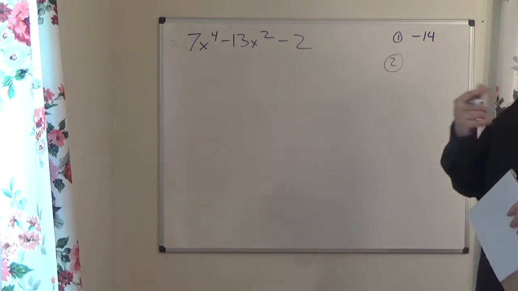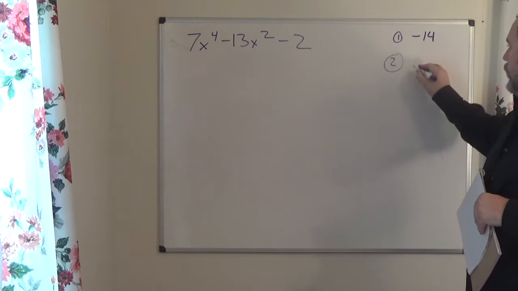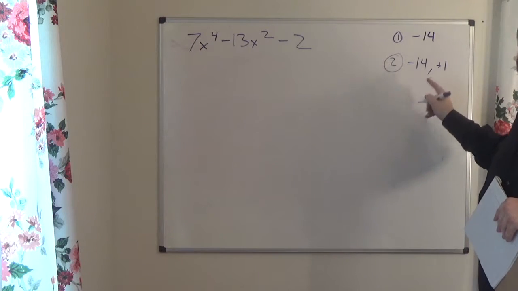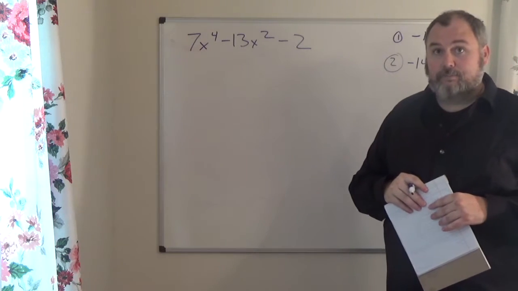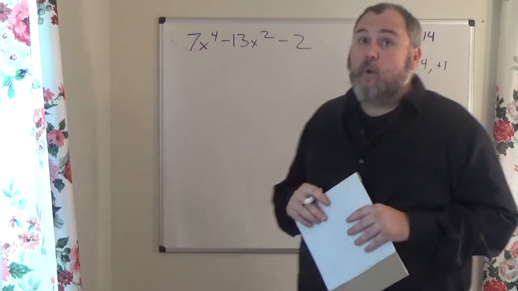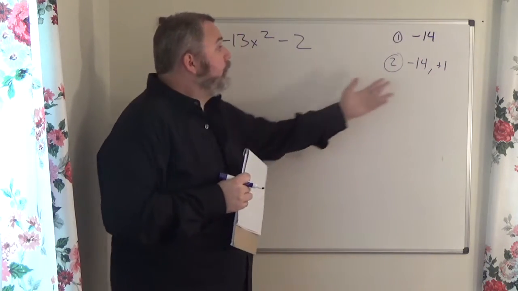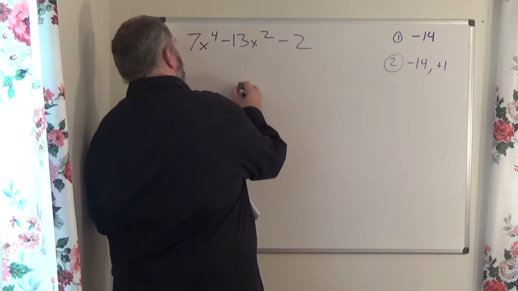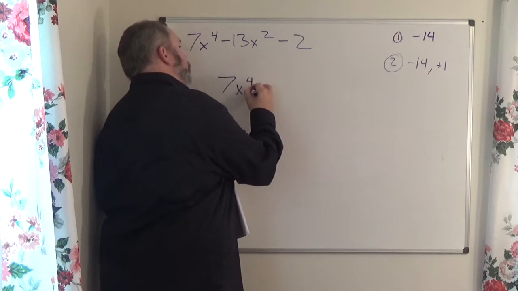Alright, so what we've discovered is that we can do minus 14 and positive 1 as our factors for this. So now that we know our factors, we can plug these factors in place of our middle term. So we can say 7x to the 4th.